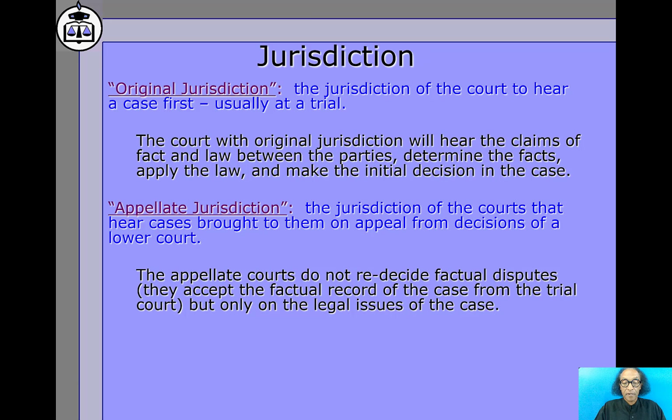All they do is look at the record, usually the written transcript of what happened at the trial, and they try to determine whether there's been a legal error or other kinds of error which require that the decision or the judgment of the lower court be modified or changed or even reversed. So the appellate jurisdiction is basically a review court which determines whether or not there's been a mistake committed and whether that mistake is of such magnitude that it affects the right of due process of the parties making the appeal.